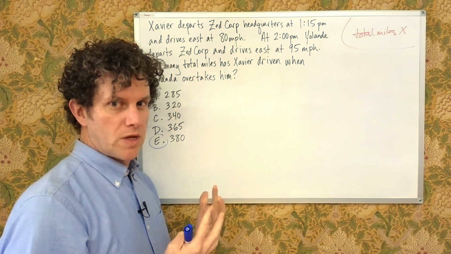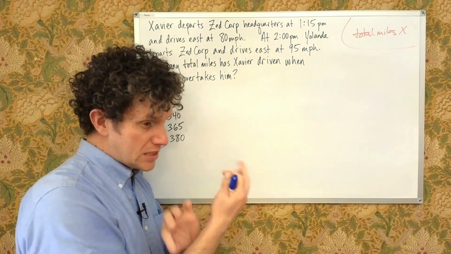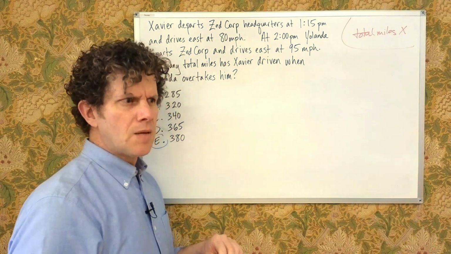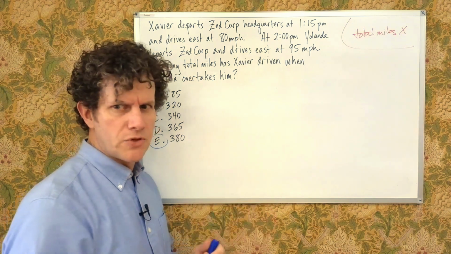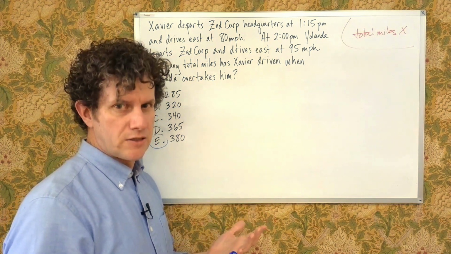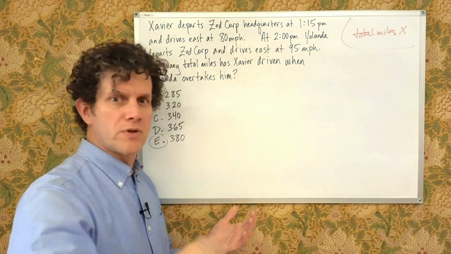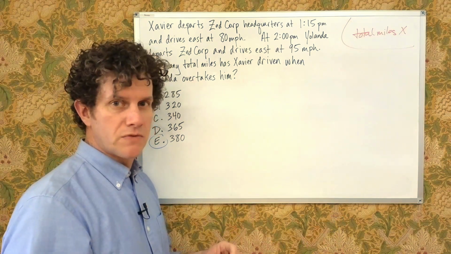Most GMAT quant questions are designed so that there's something else to notice about them, and if we see the connection, the relationship, we can take a bit of a shortcut. But if the shortcut is difficult or takes a long time to find, that's not necessarily efficient. Sometimes getting to work on a sort of laborious process that gets us there is actually the most efficient path to a solution.